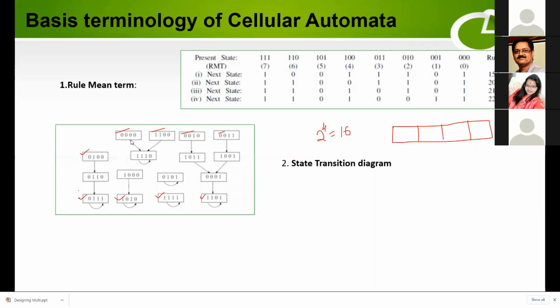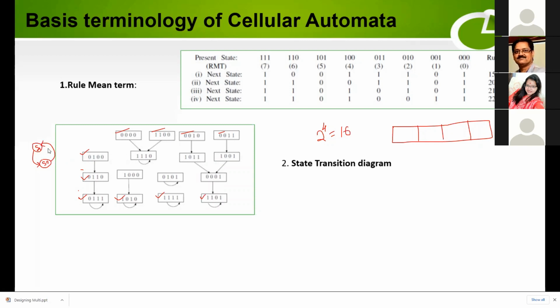These are called non-reachable states, whereas this state, 0110, is reachable from 100, but it does not form any cycle. This is called a reachable acyclic state. In this transition of states, sometimes we can get from configuration 1 to configuration 2, and again from state 2 we can reach state 1.